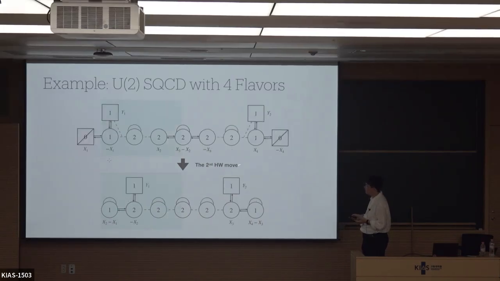So I apply the second Hanany-Witten move to get this, okay? And then we just have a bunch of this TSUN tail, okay? So actually, I forgot to mention that. So I'm going to call each TSUN tail an S-duality wall.